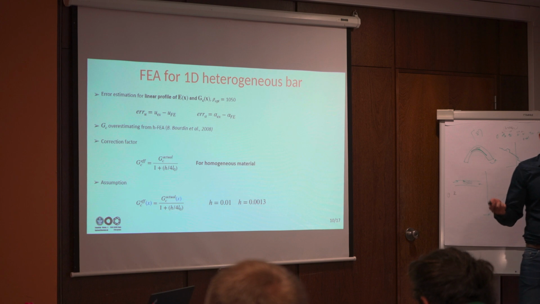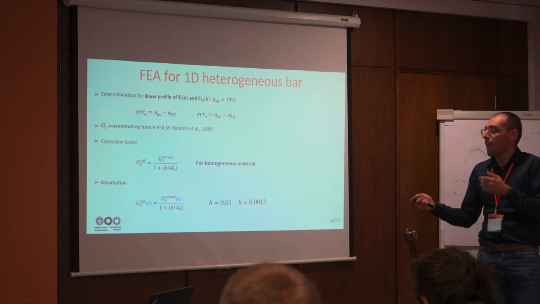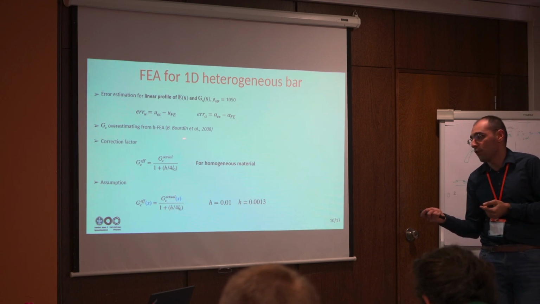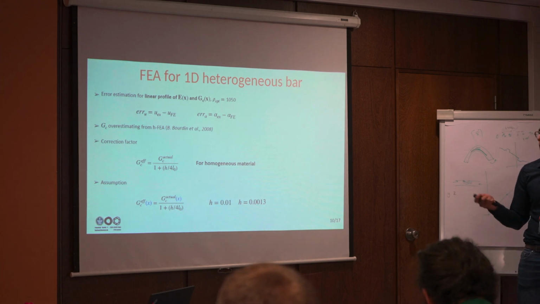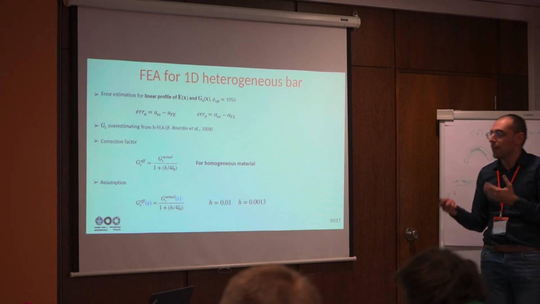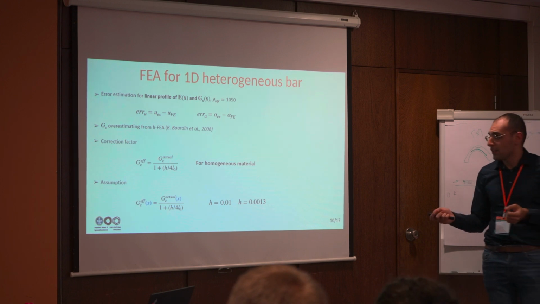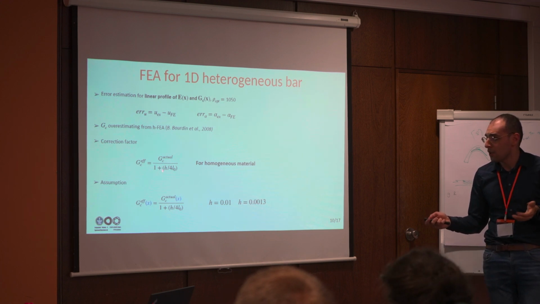So we want to estimate the error for a linear profile E of x and GC of x. But we need to remember that, as it has been said in this paper of Bourdin, when we implement the H version of finite element analysis of the phase field, there is an overestimation of the GC value in the numerics. So that's why in this paper they propose a correction factor to correct this overestimation.